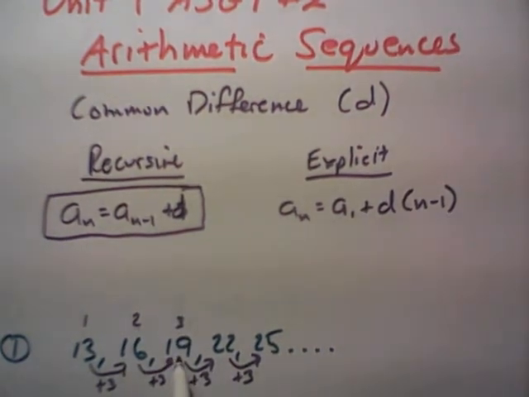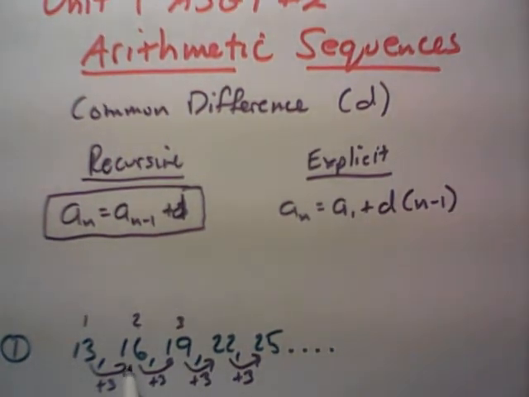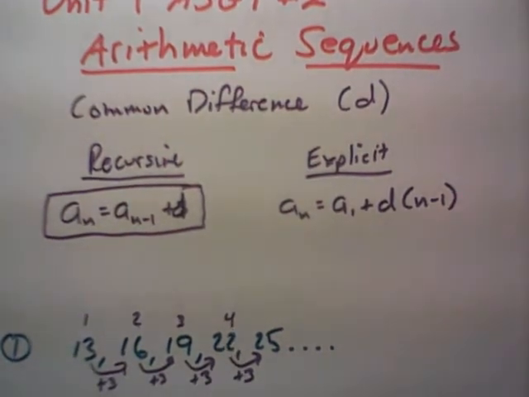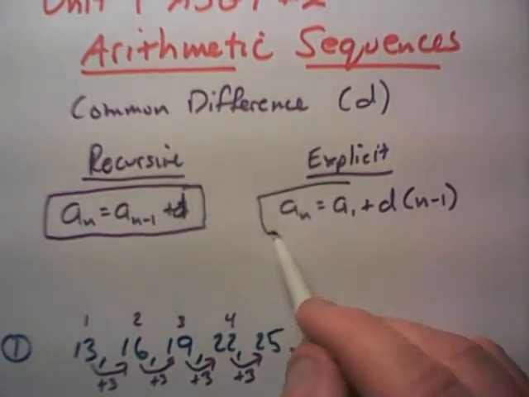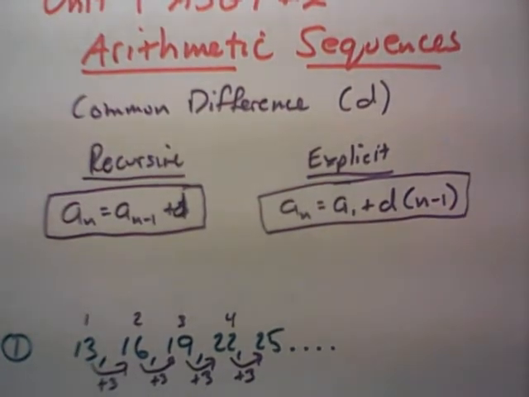To get the third term, which is 19, we started with 13, that's the first term, and we add the common difference, which is 3, twice. To get to the fourth term, we started with 13, which is the first term, and we added 3 three times. So it's always 1 less than the term number, and that's why it's n minus 1. This is the general format that we're going to use when we write explicit formulas to describe an arithmetic sequence.